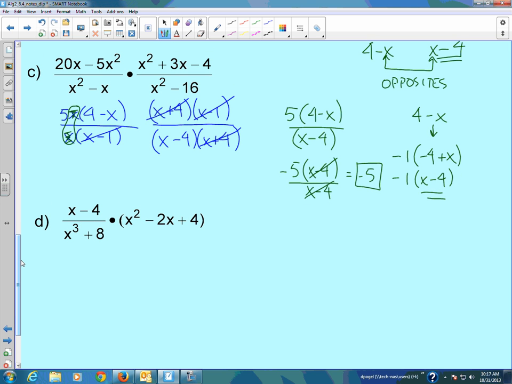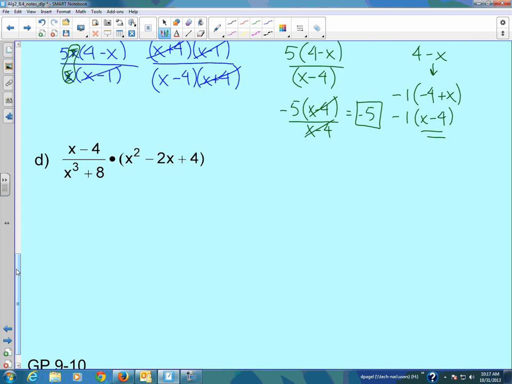All right, on this one, I have a rational expression multiplied by a trinomial over there. That trinomial actually has a 1 underneath it. What's interesting about this one is the x minus 4 can't do anything, but hopefully you remember the difference and sum of cubes. So x cubed plus 8 is a sum of 2 cubes, which breaks down into x plus 2 times x squared minus 2x plus 4.